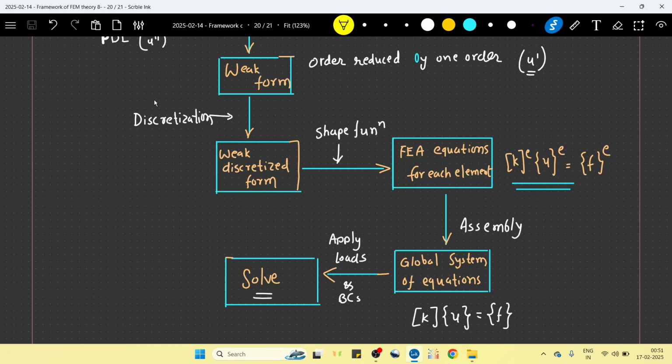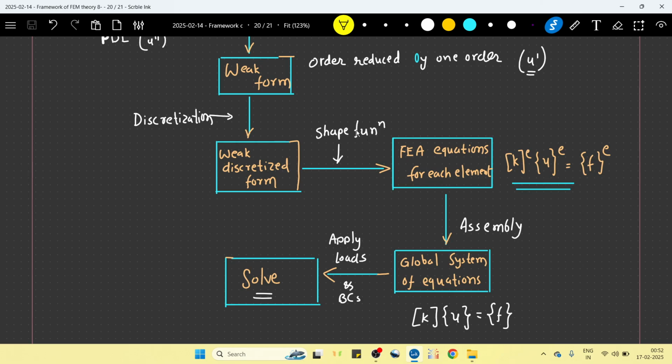We discretize our domain into n number of finite elements, and we write our weak form as a summation over those n finite elements. That is nothing but the weak discretized form. Next, we take a particular kth element and derive FEA equations for that element using shape functions.